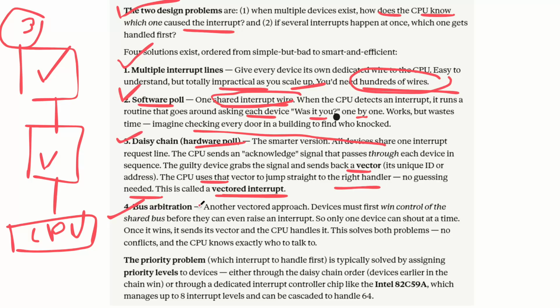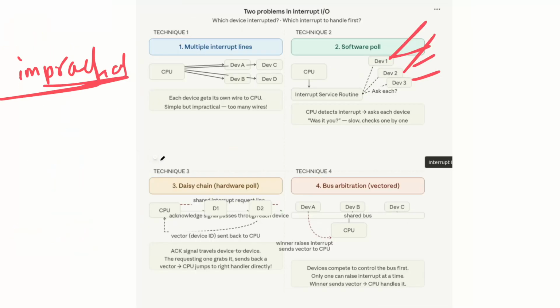So here in daisy chain, there is only one interrupt request line. All these devices are connected like this, D1, D2, like that. When the CPU receives an interrupt, this is all a shared interrupt request line.